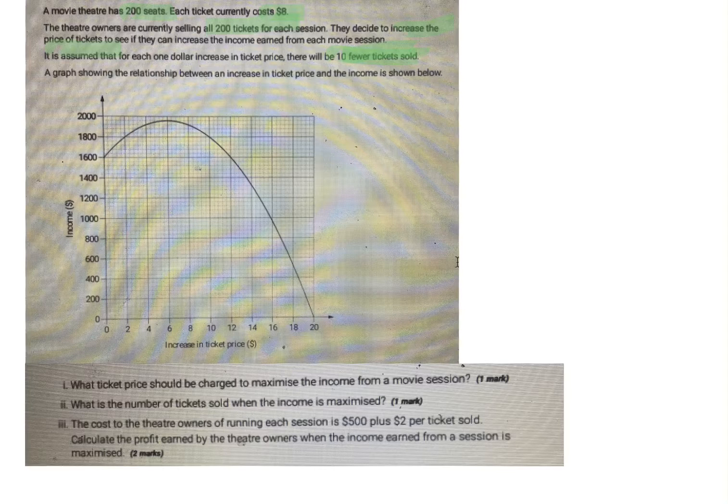A graph is shown between the increase in ticket price and the income. Down the bottom is the increase in the ticket price, and this here is the income. What ticket price should be charged to maximize the income?